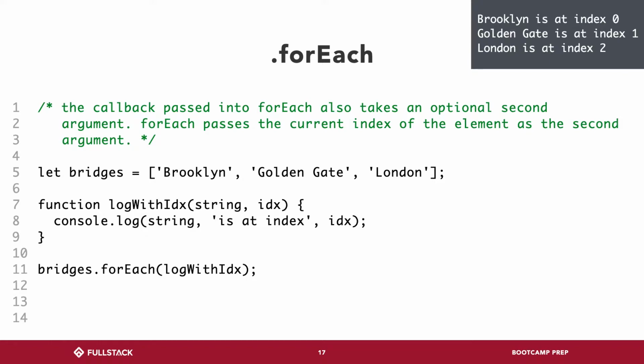So idx is a parameter in this function that you define. forEach is going to throw this function Brooklyn and 0. So idx is meant to be the index.